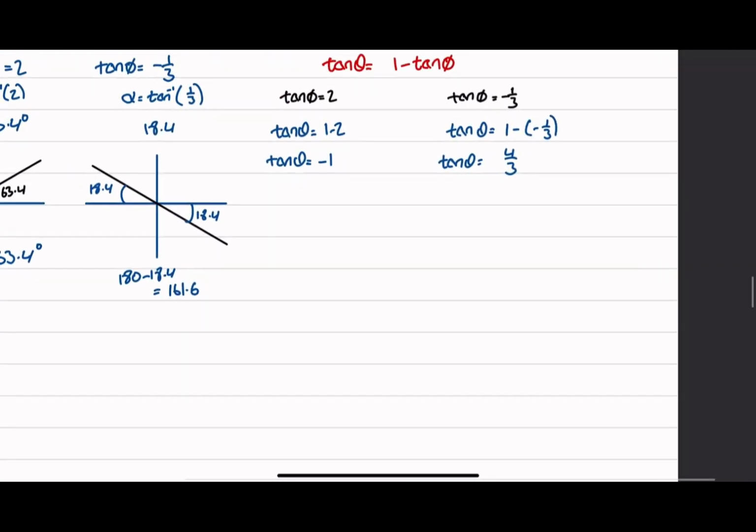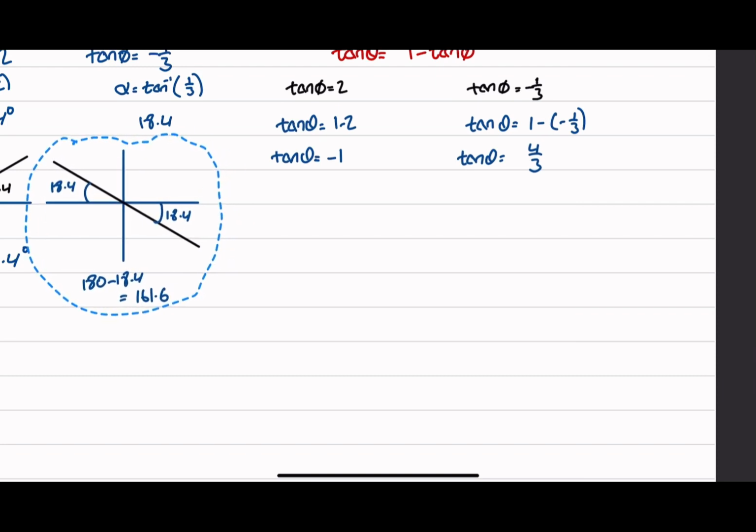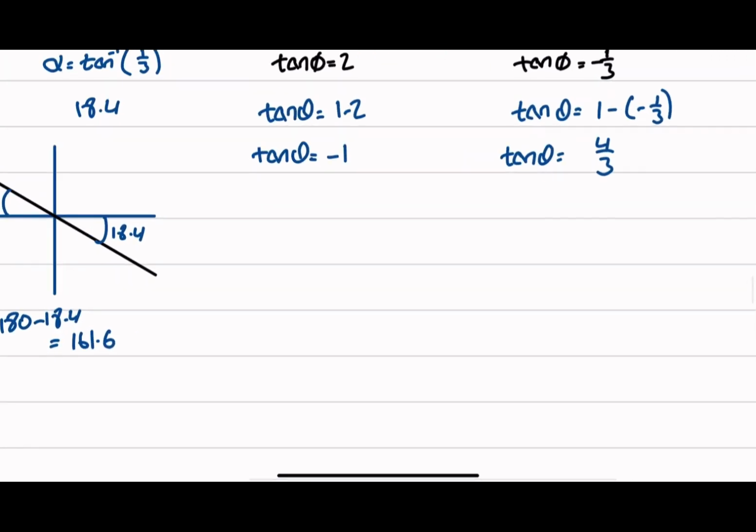And we do the same for these answers. So alpha will be tan inverse of 1, which is just 45.